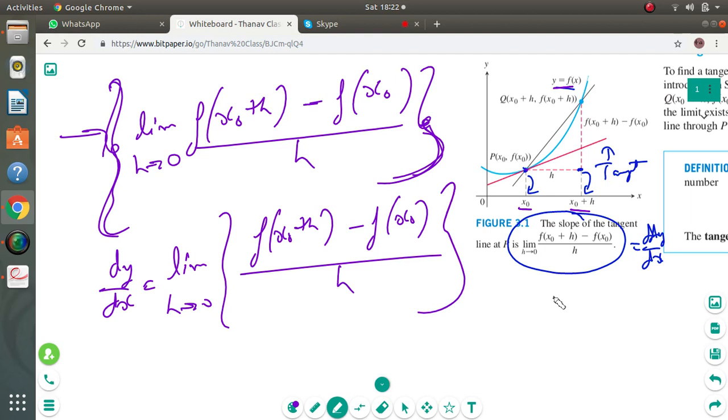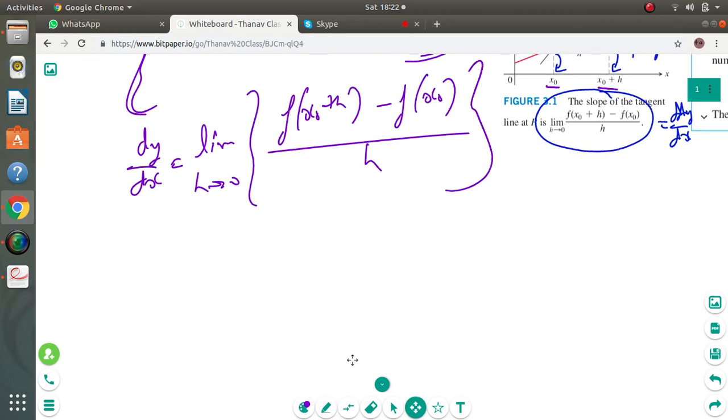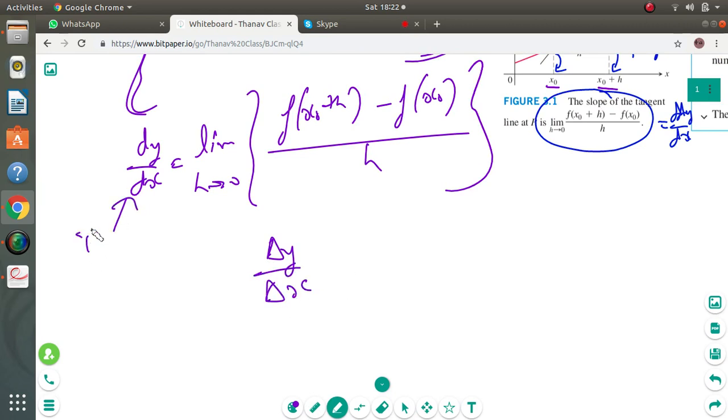Yeah, you're doing this, but you're saying h is becoming 0. You're replacing h with 0. How does that work? Let me just do this here. Let's suppose, for example, delta y by delta x. We're not taking the instantaneous; this one is the average.